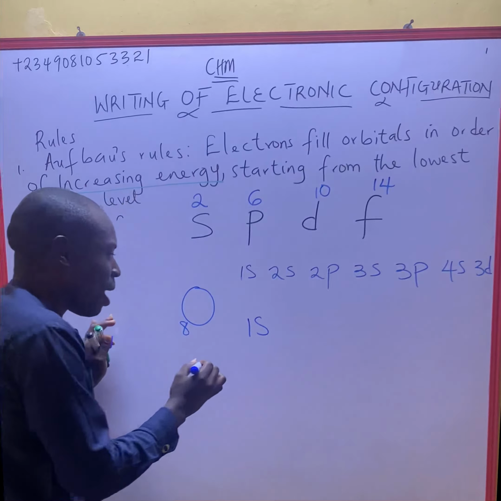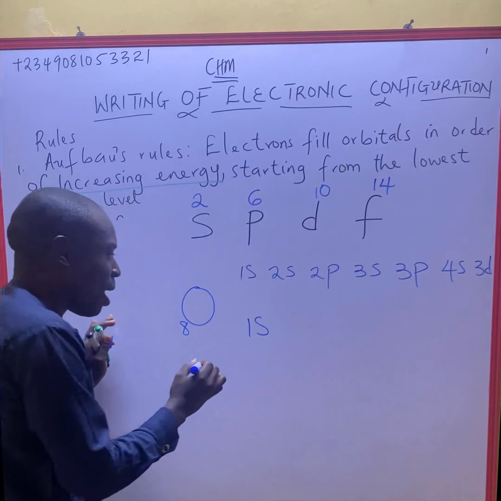This is the correct electronic configuration for oxygen. If I'm now working with something like calcium, that is 20, how do we go? We follow this pattern. It will be 1s2, 2s2, 2p6. Why?